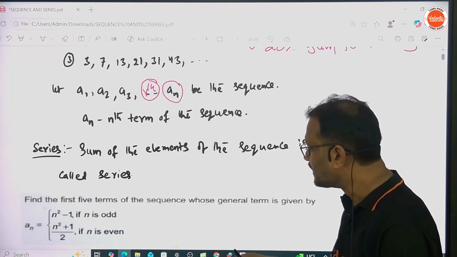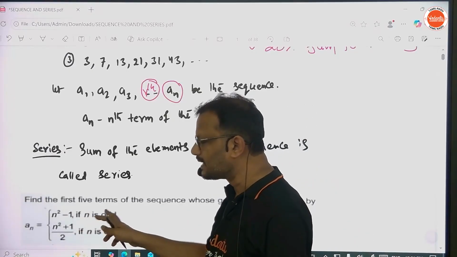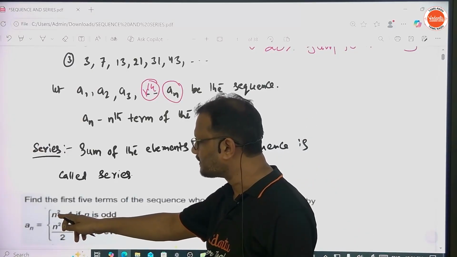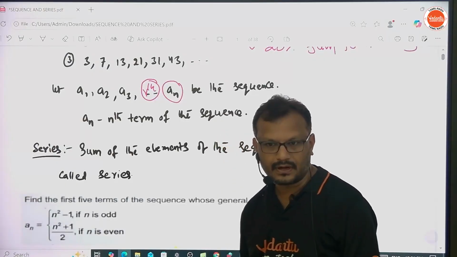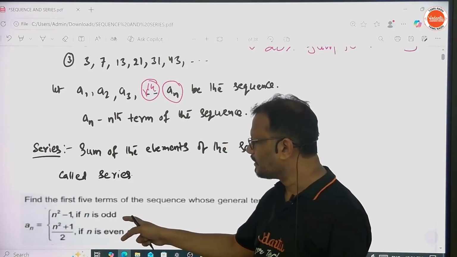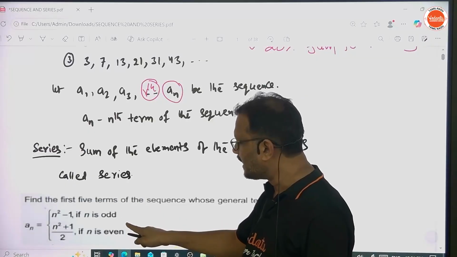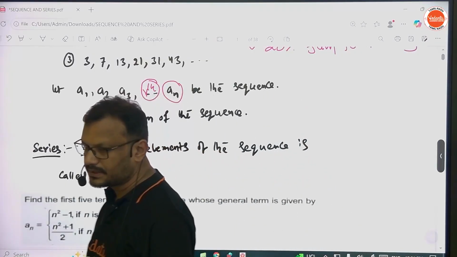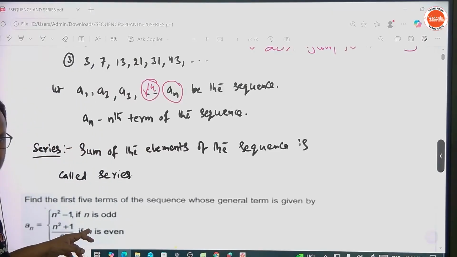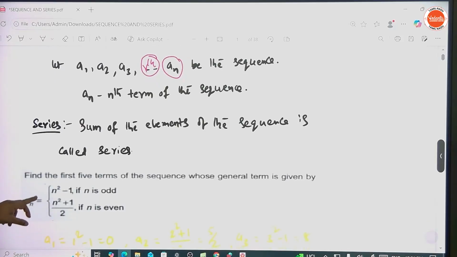For example, n square minus 1 if n is odd, or I can give n square plus n minus 1, whatever different order it is. This is one kind of sequence, and this is the nth term. Now if you want to find the first 5 terms, you just have to substitute the n values in this. That's it. Fine? These are the basic things.